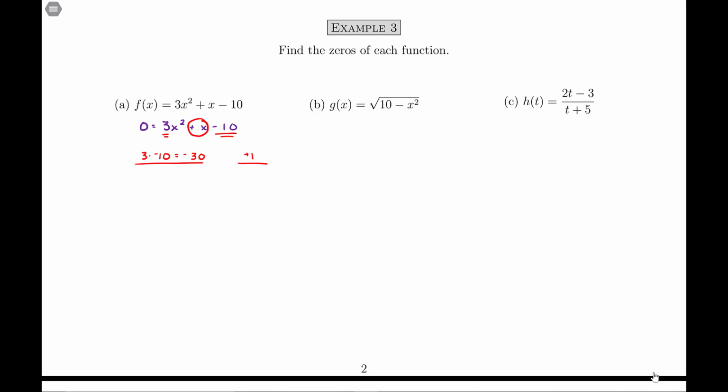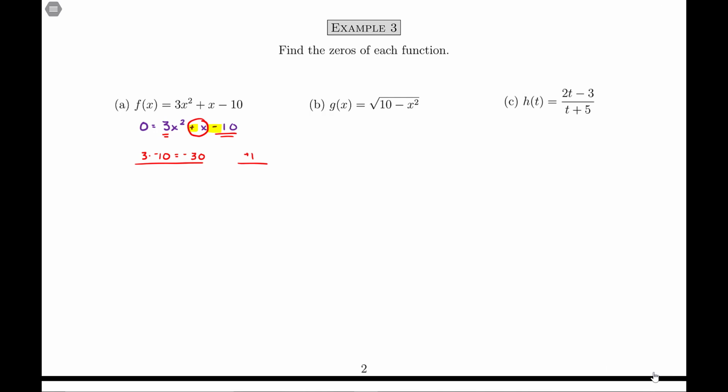Now, if you recall from the other day, when we were talking about factoring, if we look at the sign on the constant, in this case it's negative, that tells me that both of my factors have opposite signs. One's positive and one's negative. The middle term tells me which sign has the largest value.